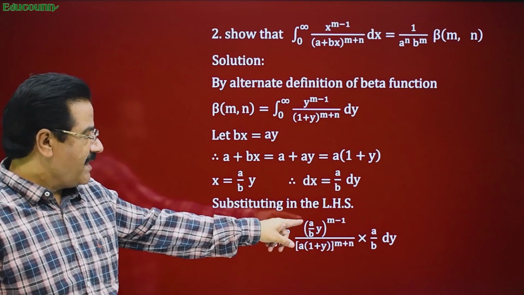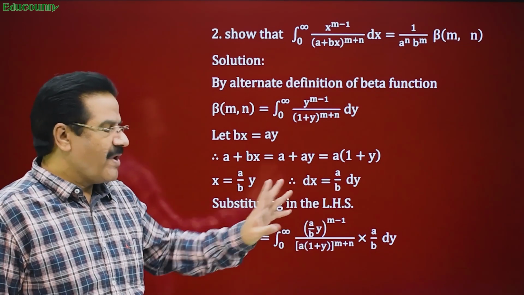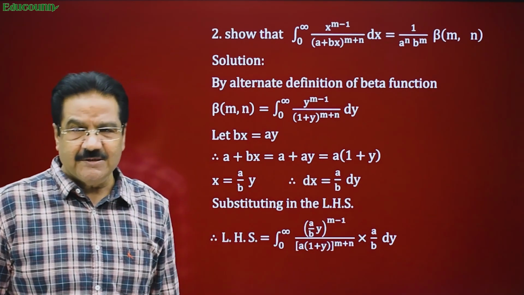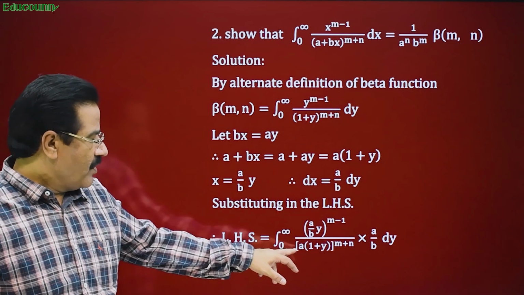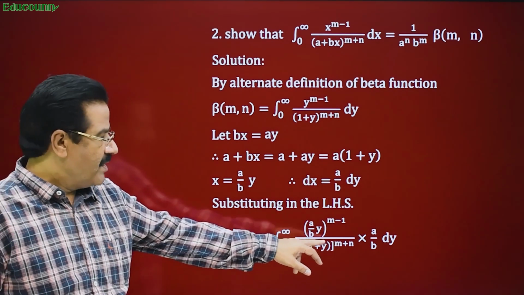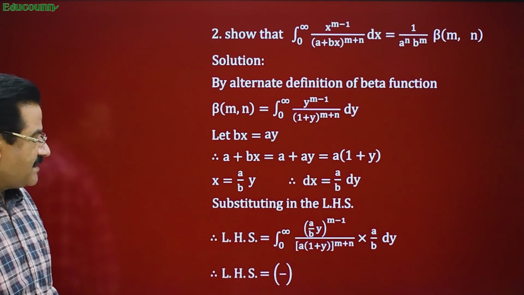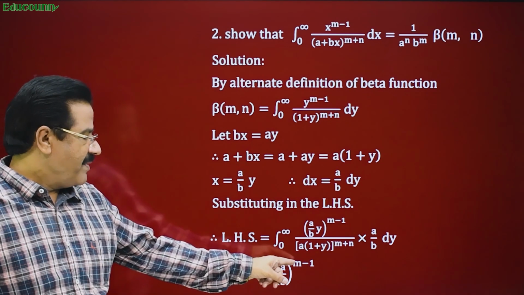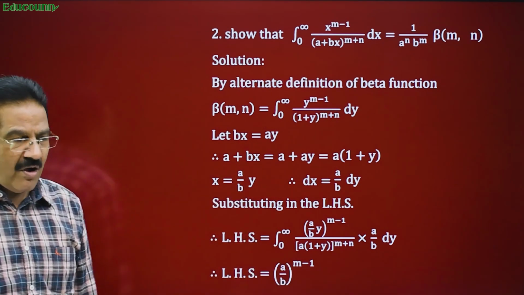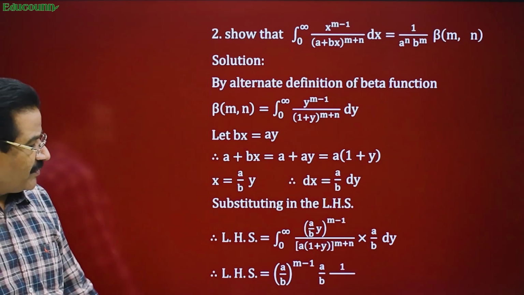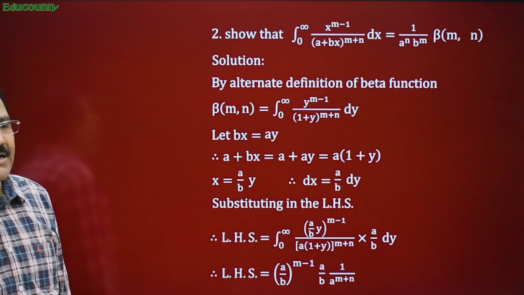First of all, we can see a upon b raised to m minus 1 is a constant term, as well as a upon b is present, and also we can take this a raised to m plus n common. So therefore, LHS is equal to a upon b raised to m minus 1 we have taken common. Take this a upon b also common. Also take a common from the denominator.